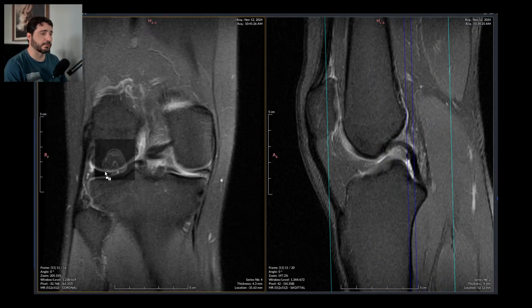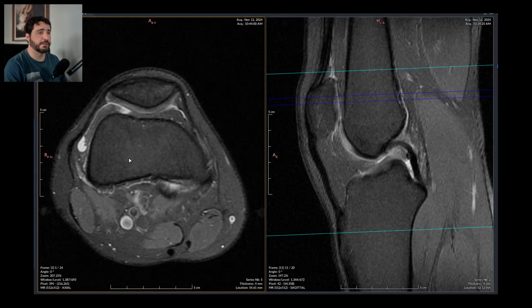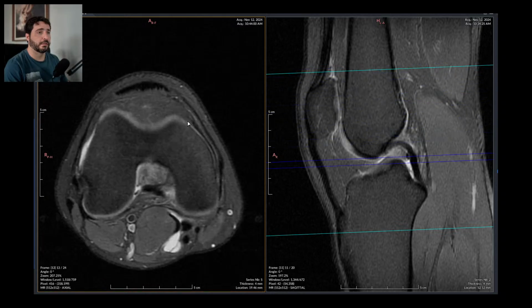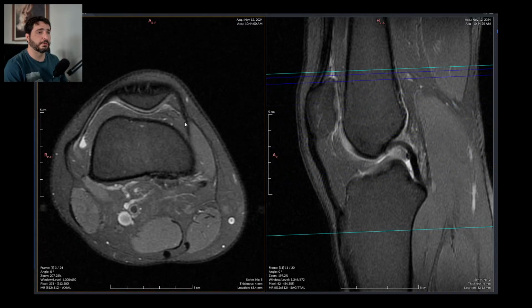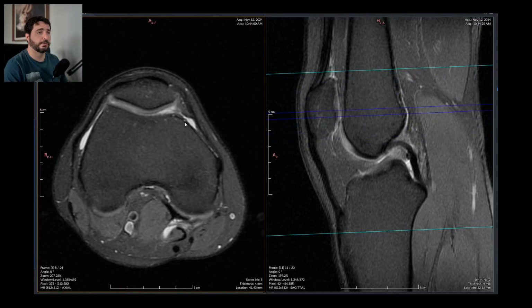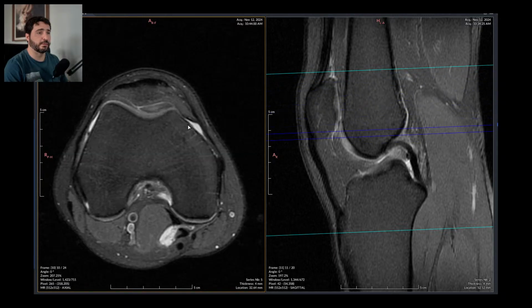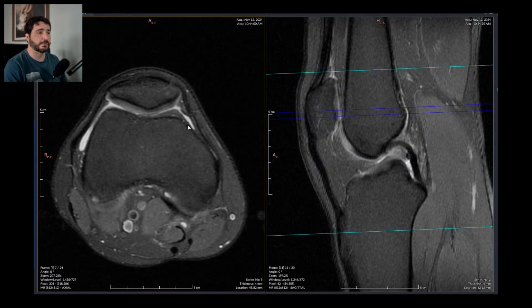Let's just go for the axial PD with fat saturation, so we can properly tell if there is any patellar cartilage erosion, fissure, fibrillation. This is a type 1 Wiberg classification patella, which is fine.